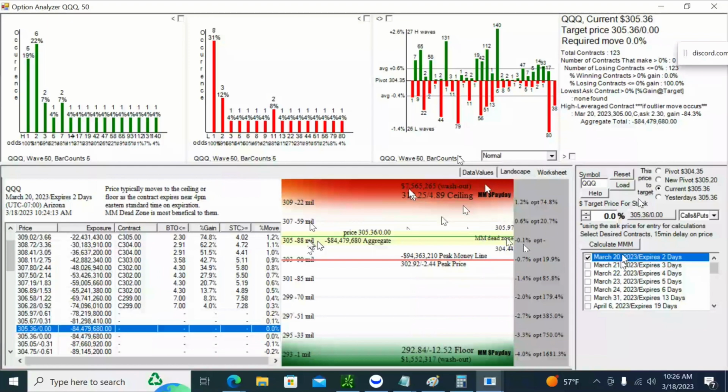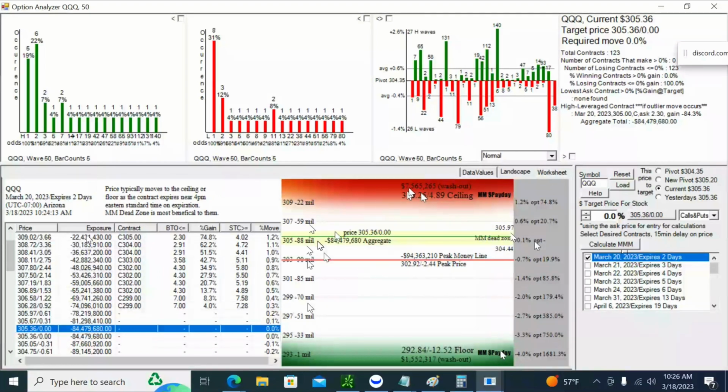So if nothing changed Monday, no more contracts, no more price move, market makers are going to owe 84 million in stock. It's their liability. I call it exposure. So their exposure is that.